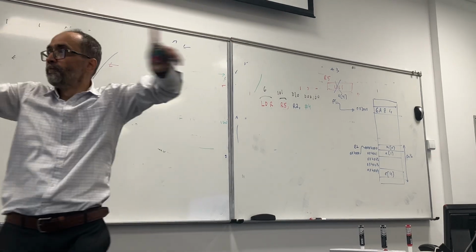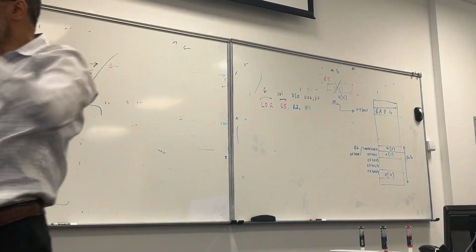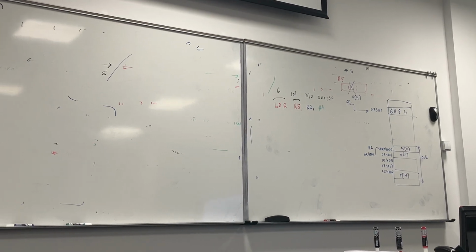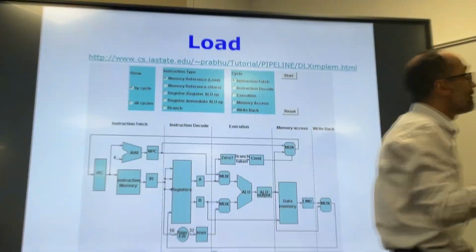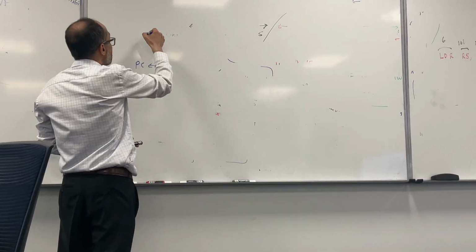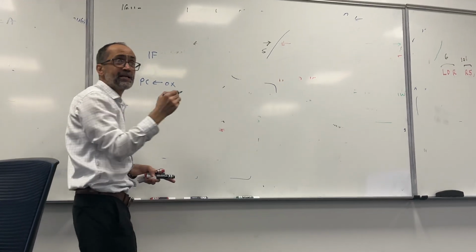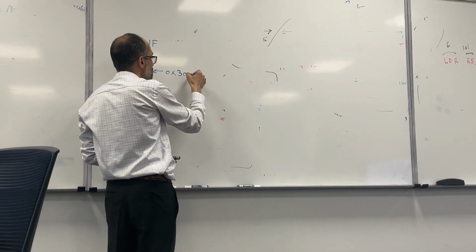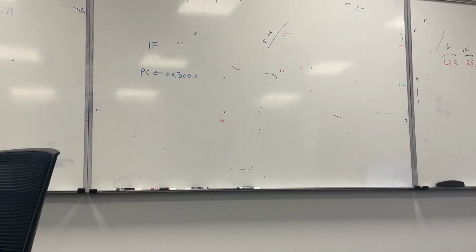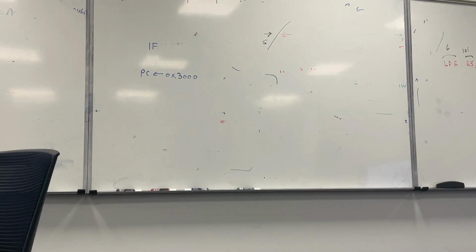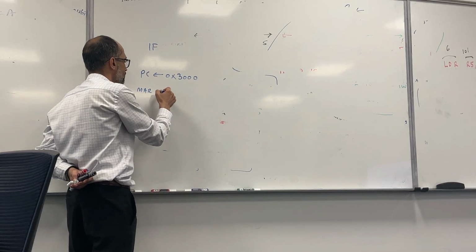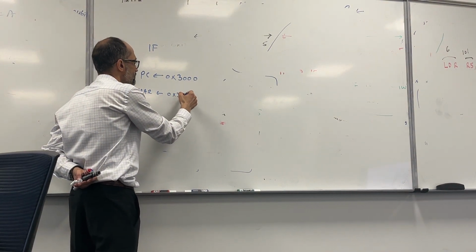Now think of the scenario. Now we are in the fetch stage. What will be the value of PC? Please remember, this is my instruction fetch stage. The value of PC will be 0x3000. Whenever we do the fetch stage, what will be the MAR now? 3000.